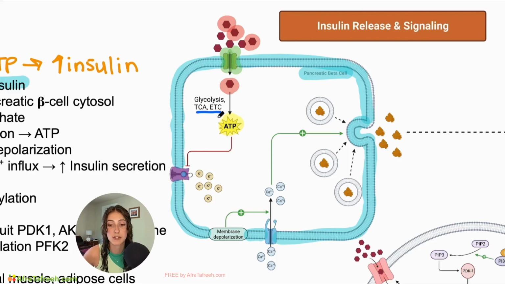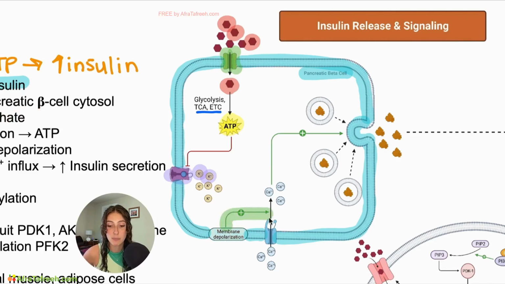As more glucose enters our pancreatic beta cell in the fed state and we are producing more ATP, ATP can then subsequently cause gating of this potassium channel. And I know it's a little bit counterintuitive because you might be familiar with ATP in the setting of activating that sodium-potassium pump, but in this case, ATP is closing a potassium channel, leading to the buildup of potassium within our pancreatic beta cell, which will eventually lead to membrane depolarization.